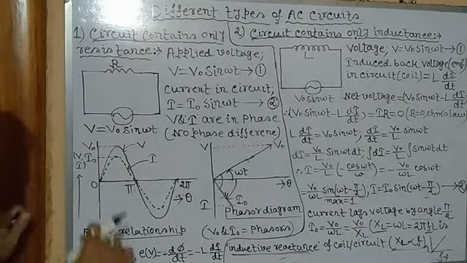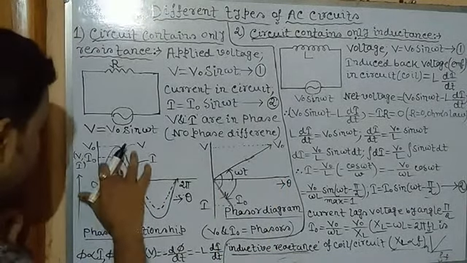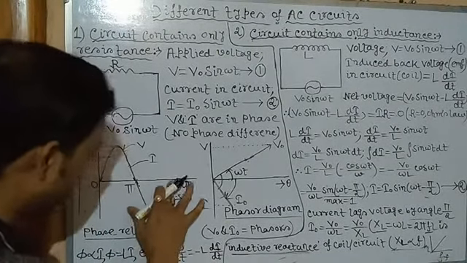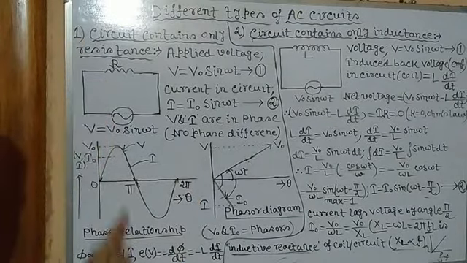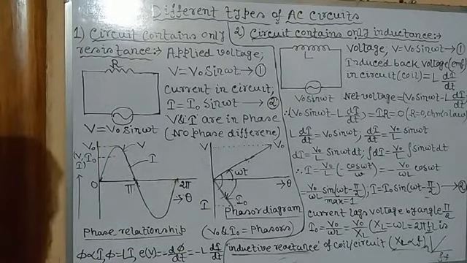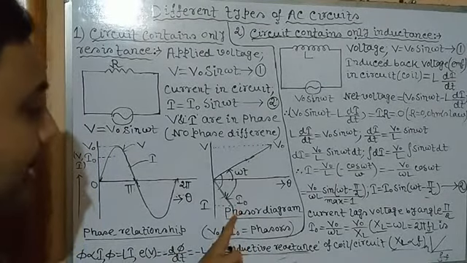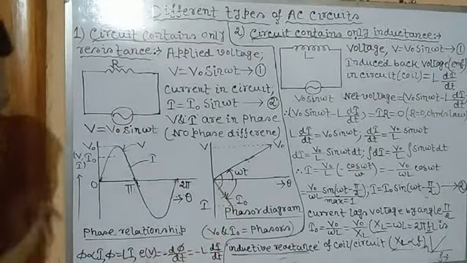What will be its phase relationship? We have already drawn the phase diagram. Now it means that when voltage is maximum, current will be minimum. When current is maximum, voltage will be minimum.